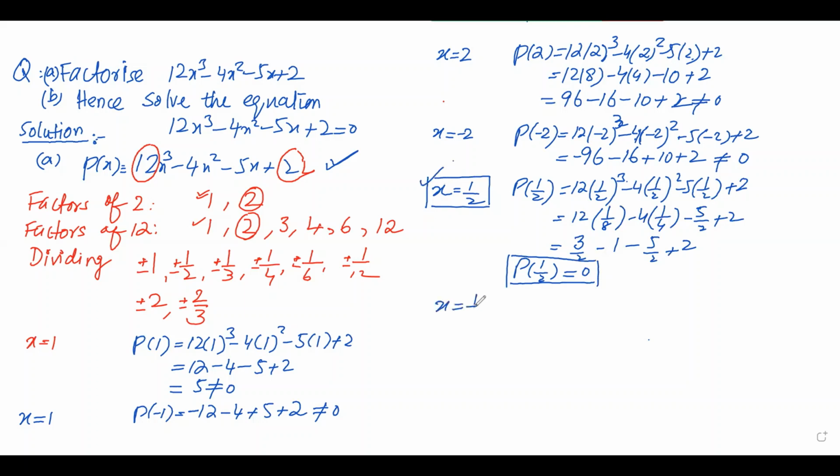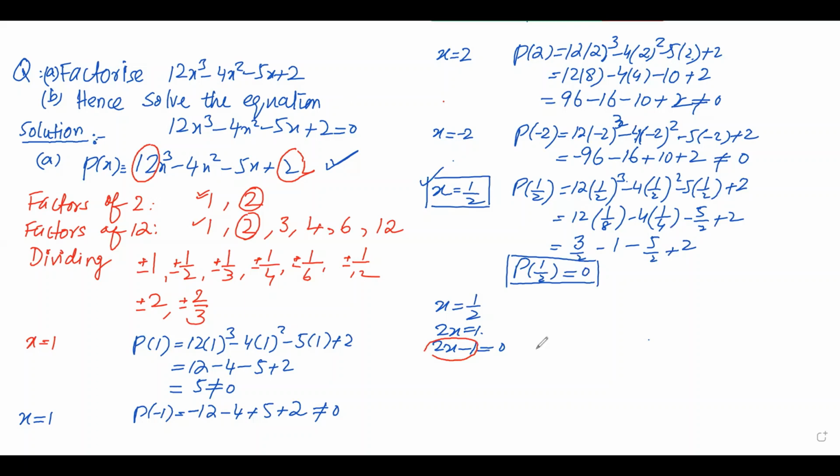As x is equal to 1 over 2, you can write 2x minus 1. 2x is equal to 1 by cross multiplication, and 2x minus 1 equals 0. In this way, you can identify the linear factor. 2x minus 1 is a linear factor. This is by the factor theorem.